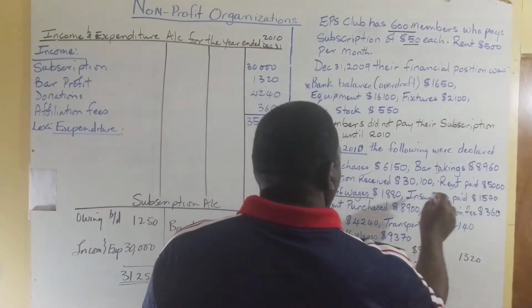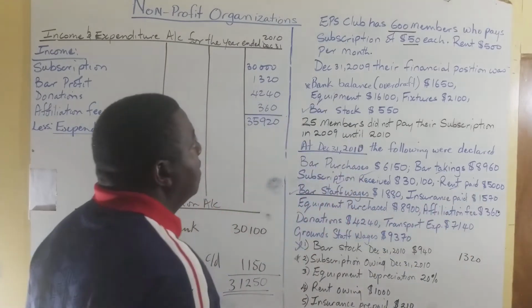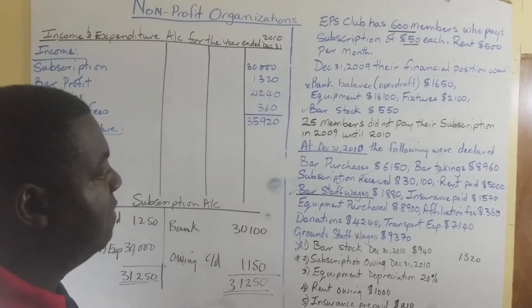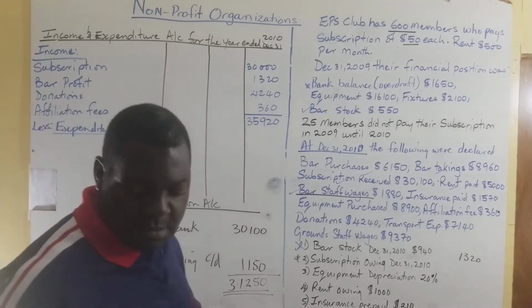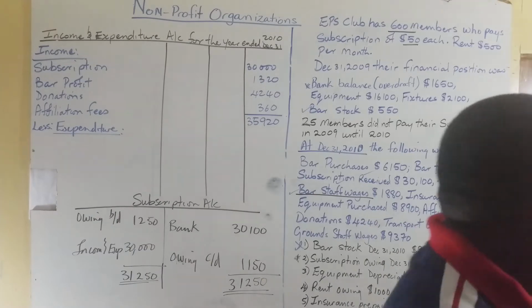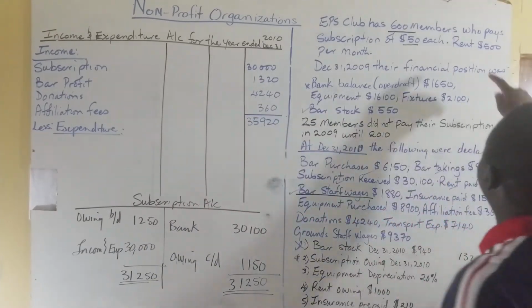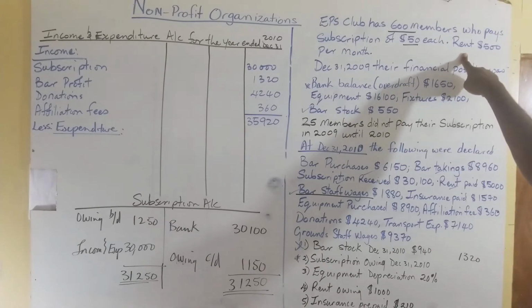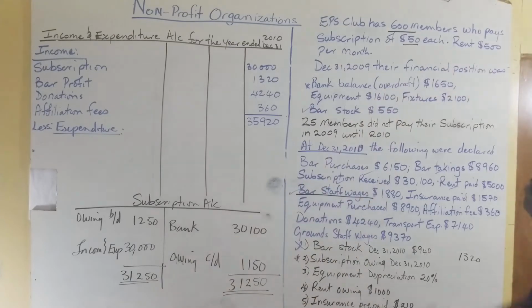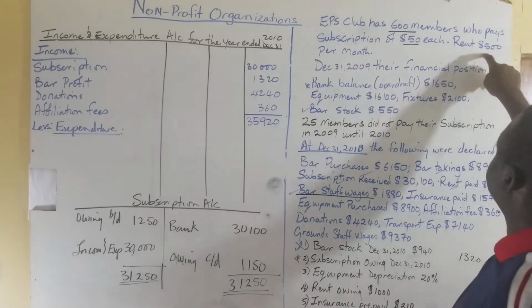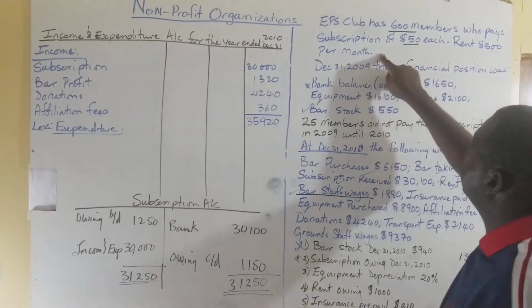Okay, we have rent of $5,000. Now we are told that we pay rent $500 per month.